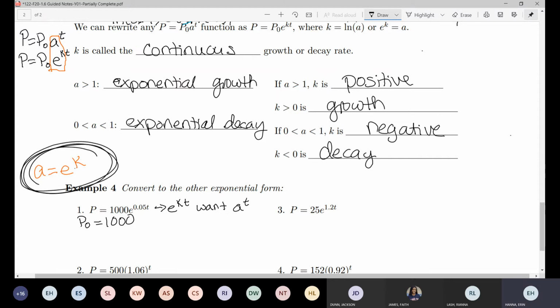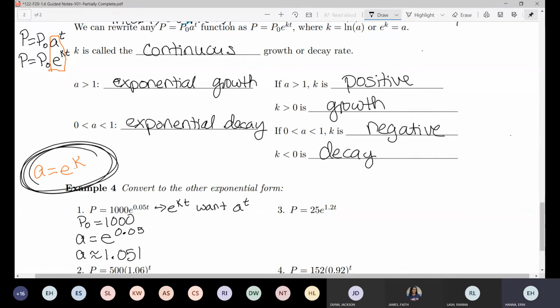So a is equal to e to the k, which in this case is 0.05. Remember, e is a number, so you just punch that into your calculator. e to the 0.05 is approximately equal to 1.051.